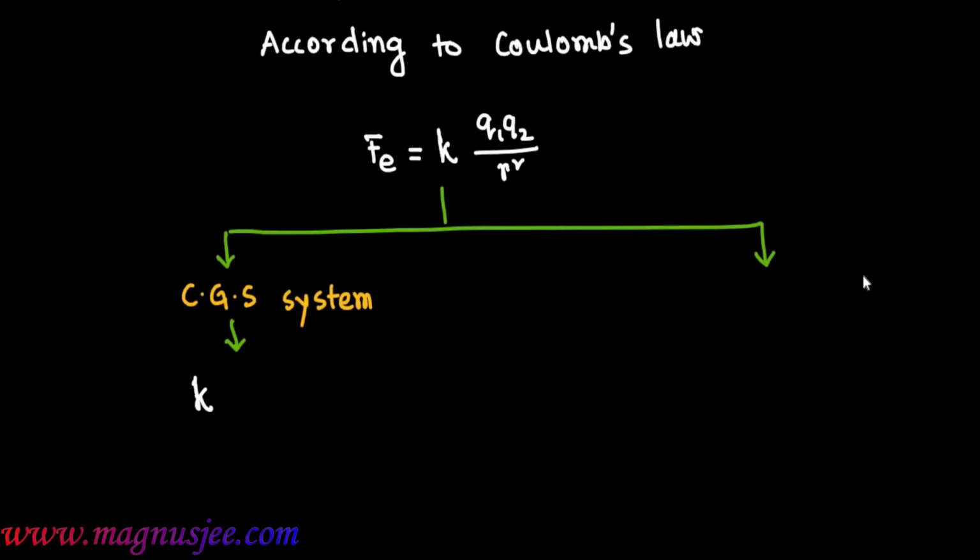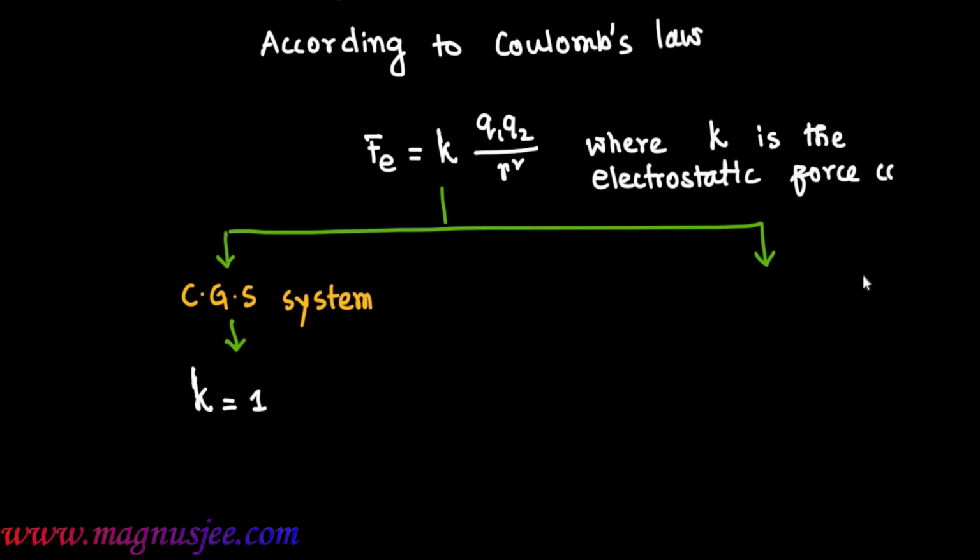In CGS system, the value of electrostatic force constant k equal 1. Small k is the electrostatic force constant, and its value in CGS system is 1. Therefore, Fe equal Q1 Q2 divided by r square.